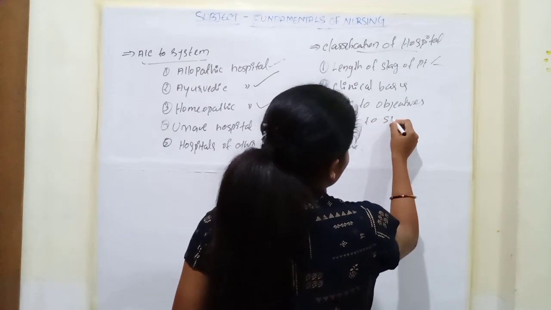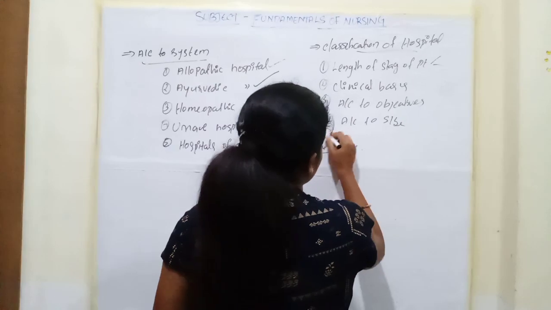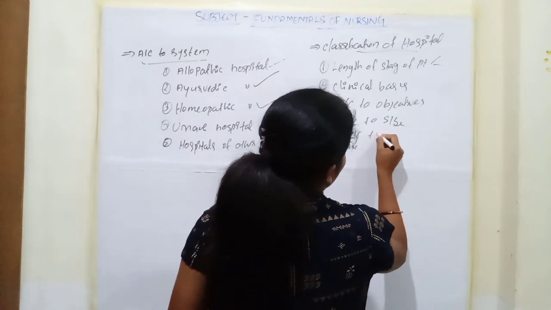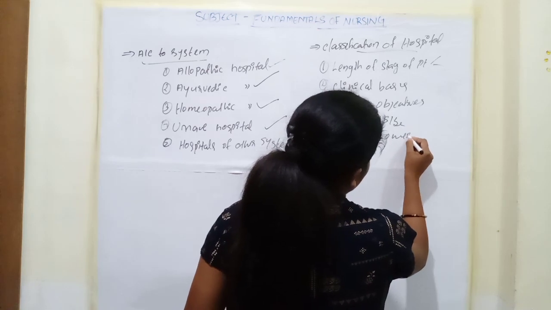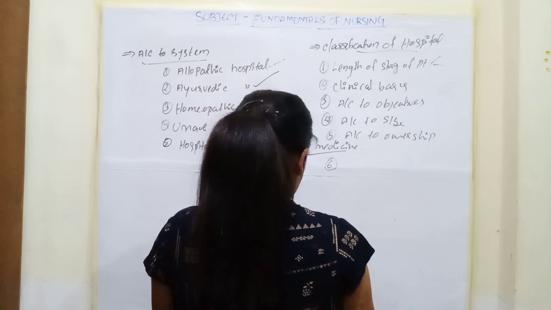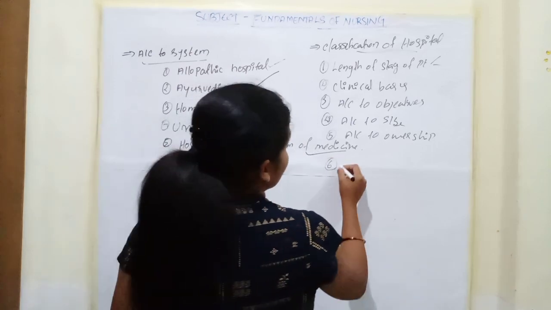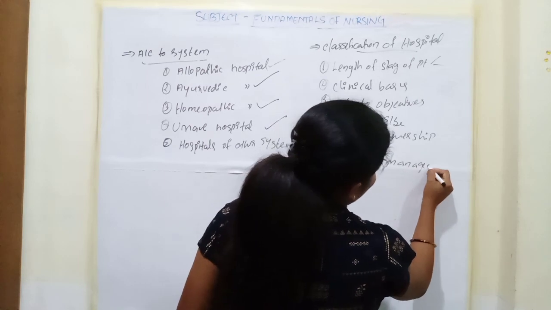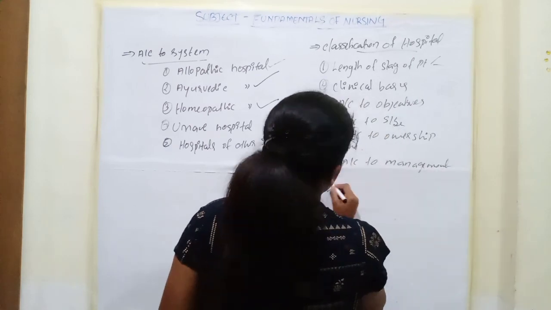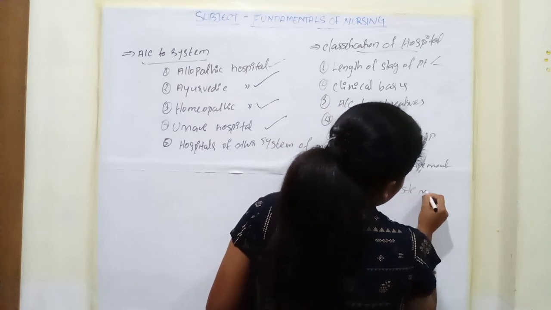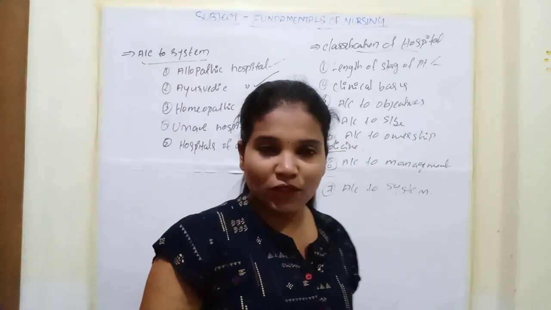According to size we have seen the hospital, and fifth one, according to ownership, then according to management, and according to system. So these all are the types of hospital.